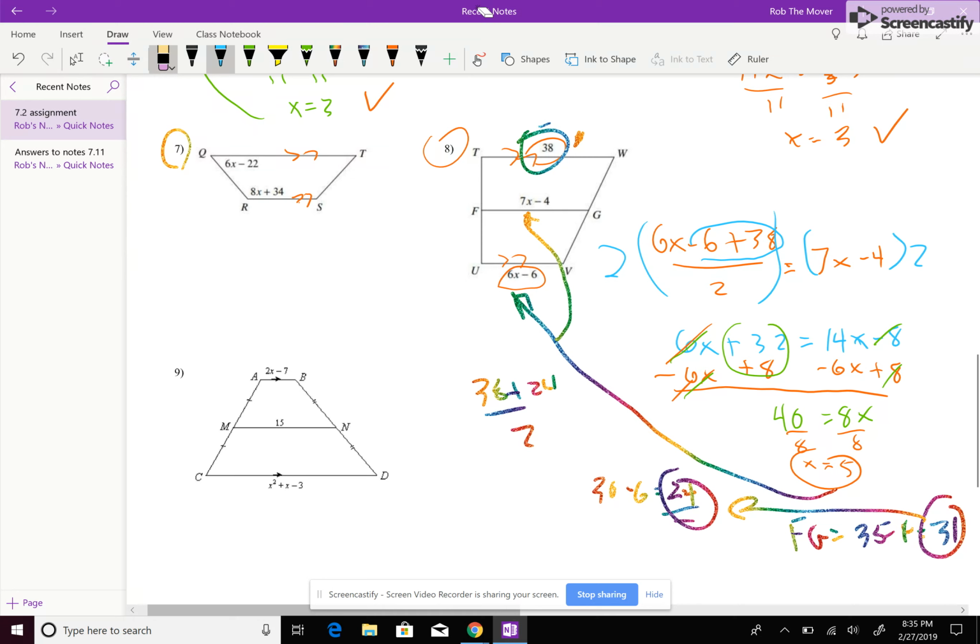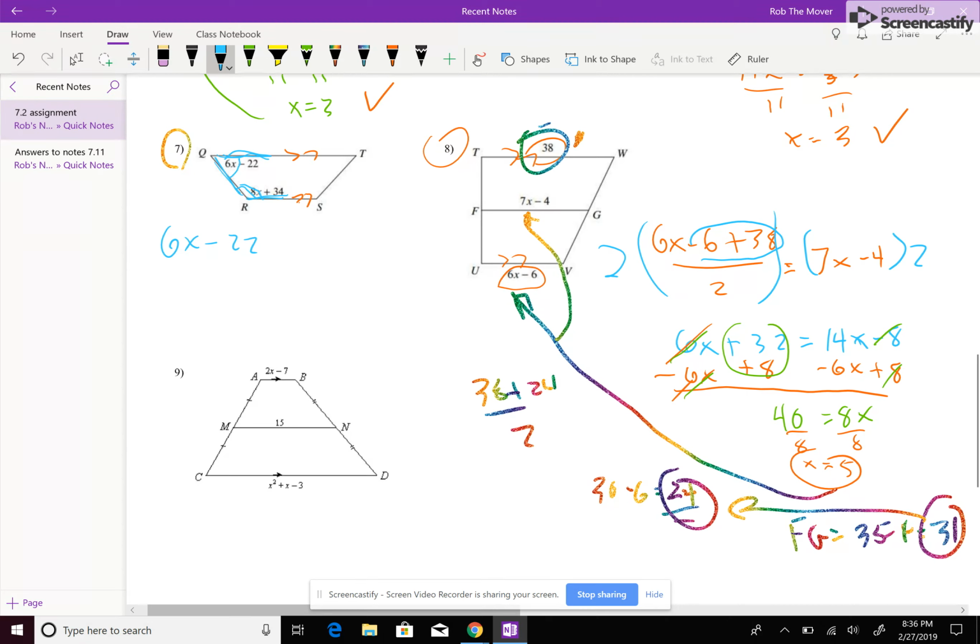This angle here and this angle here are not congruent, but they are supplementary because they are consecutive interior. They're on the same side of the transversal. This is the transversal. These are the parallel lines. So when you have these parallel lines and this transversal, these two angles are called consecutive interior, and they are supplementary.